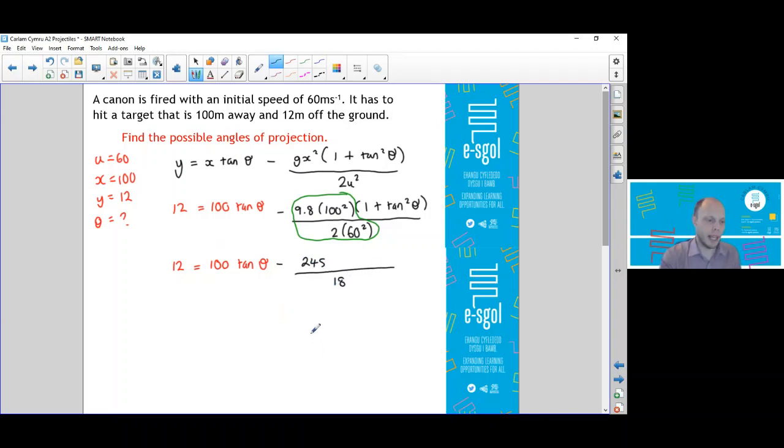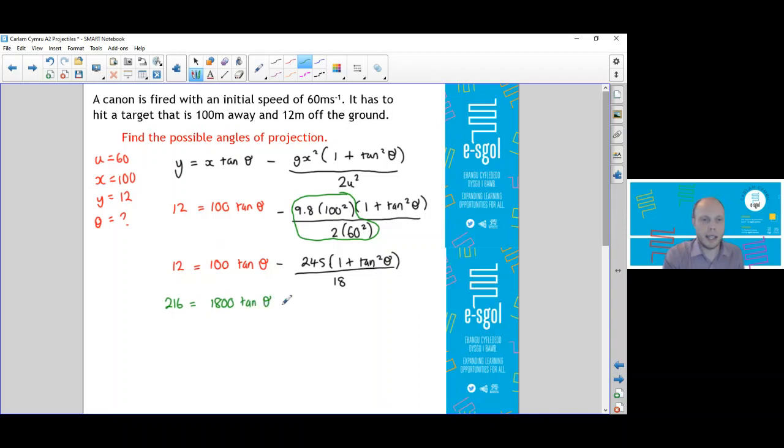It's a little bit nicer than what we had. The next thing I'm going to do, because I don't want this fraction, is multiply everything through by 18.